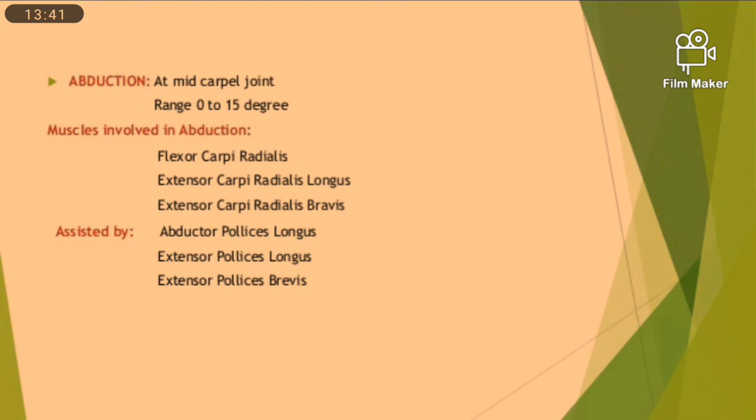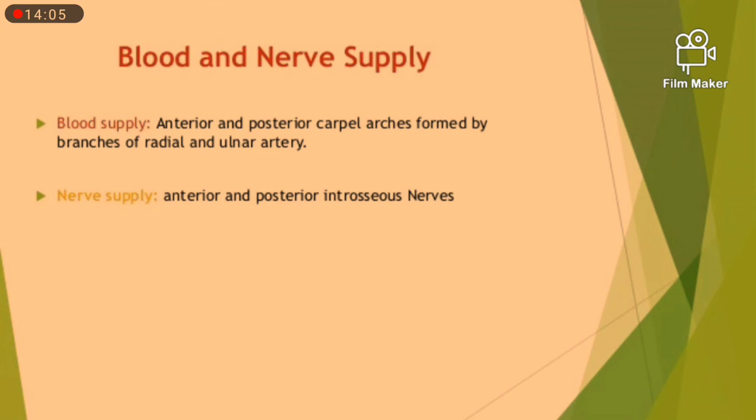Now abduction. Abduction is at mid-carpal joint range between 0 to 15 degree. Muscles involved in abduction are flexor carpi radialis, extensor carpi radialis longus, extensor carpi radialis brevis, and assisted by abductor pollicis longus, extensor pollicis longus, extensor pollicis brevis. So these are the muscles involved.